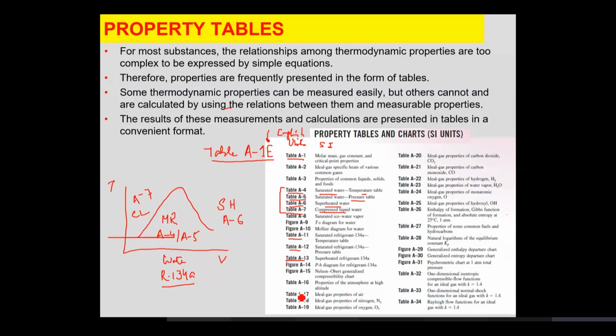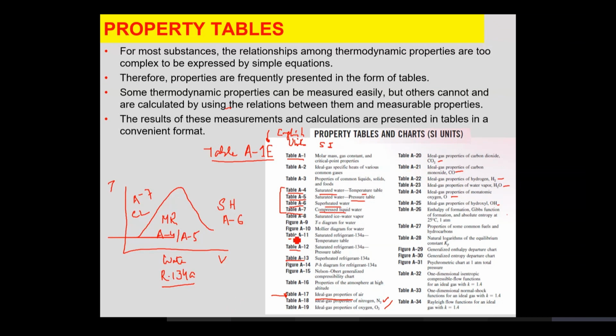Similarly, you also have tables for ideal gas properties. For ideal gas properties of air, table A17 is the most frequently used. Then you also have tables of ideal gas properties of nitrogen, oxygen, carbon dioxide, carbon monoxide, hydrogen, water, monatomic oxygen, and the hydroxyl group.